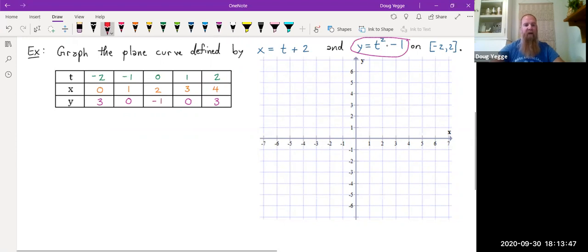So now what we see here is just a list of ordered pairs. We see that it's going to start at the value 0, 3, and it's going to end at the value 4, 3. So 0, 3 is here, and 4, 3 is here. But one thing that's very important about plane curves is that you make sure to label the times.